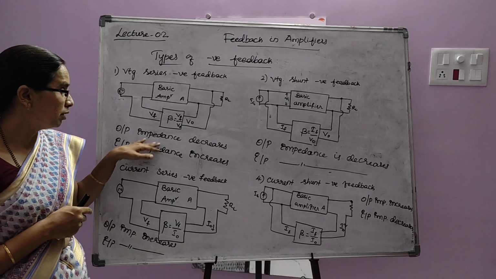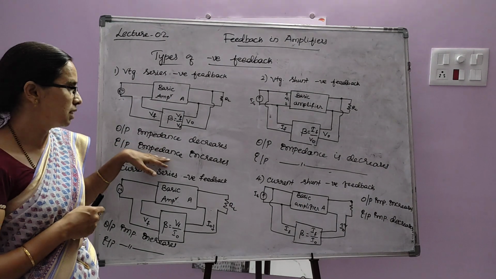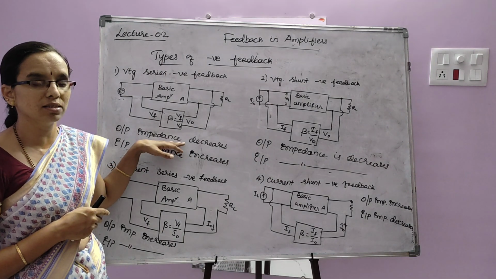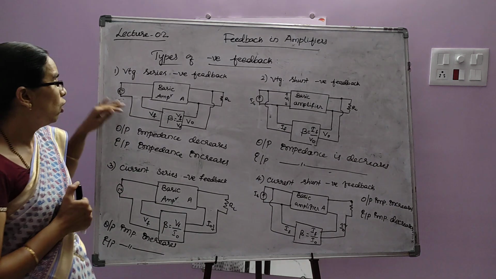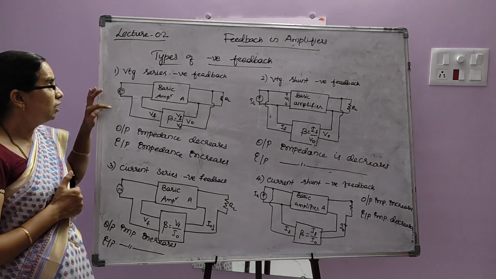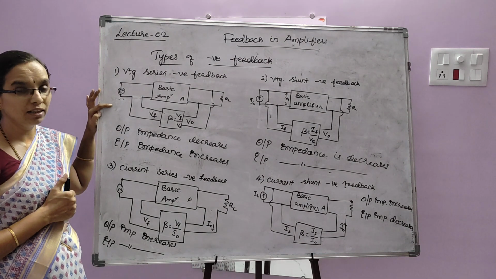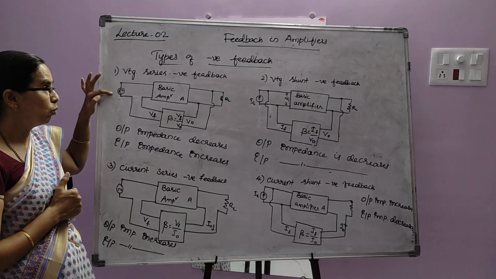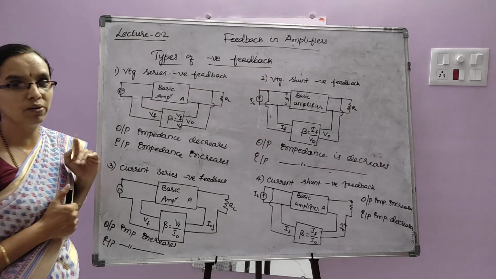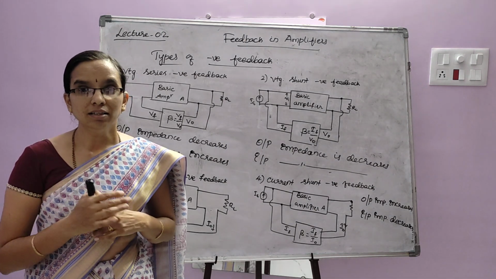What happens to input and output impedance, how input impedance increases and how output impedance decreases, we are going to derive in the next session. Also we will derive how gain decreases when we have a negative feedback connection. That too in voltage series negative feedback we will consider, and we will derive some expressions in the coming sessions.